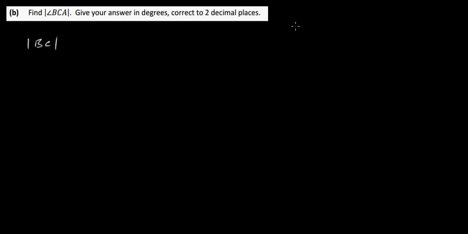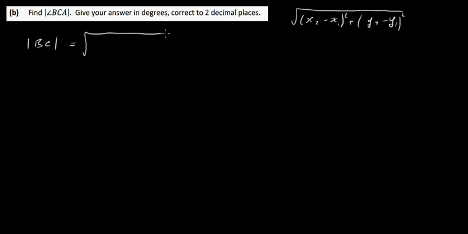So the distance, remember our distance formula, the distance between 2 points is the square root of x2 minus x1 to be squared plus y2 minus y1 to be squared. This is our distance between 2 points. So again, I'll write the points down here.